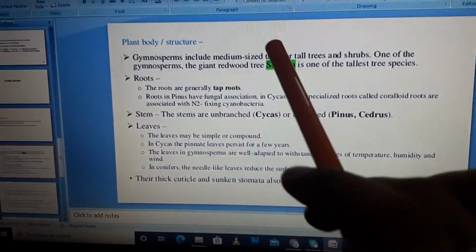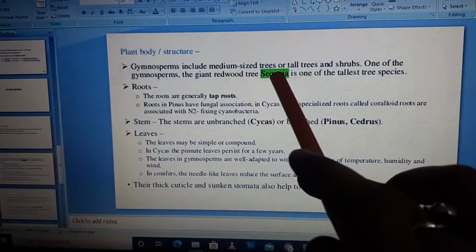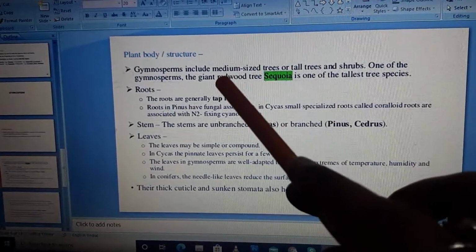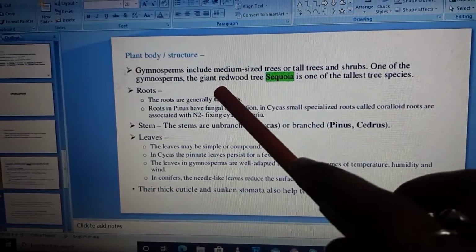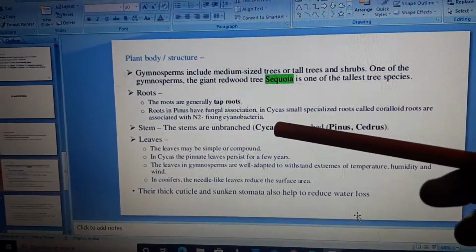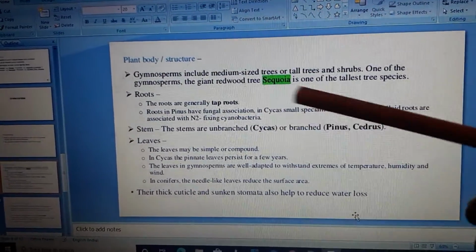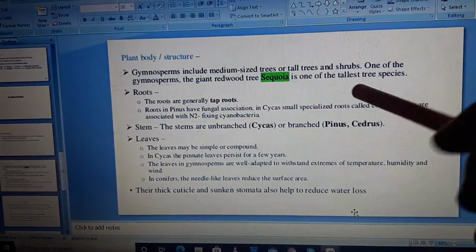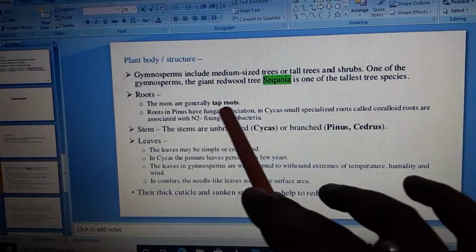The gymnosperm body is of medium size. They can be tall trees or shrubs. The largest plant, which is sequoia, is a gymnosperm. It is the tallest tree species.